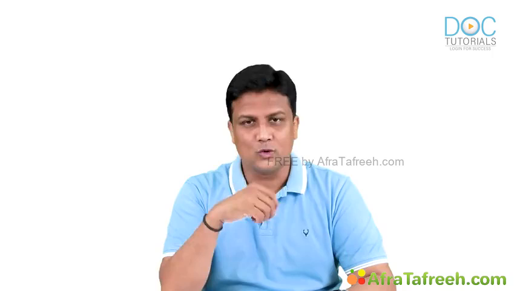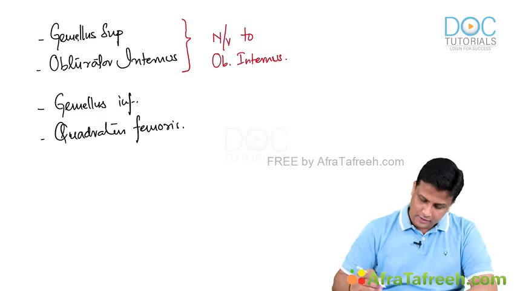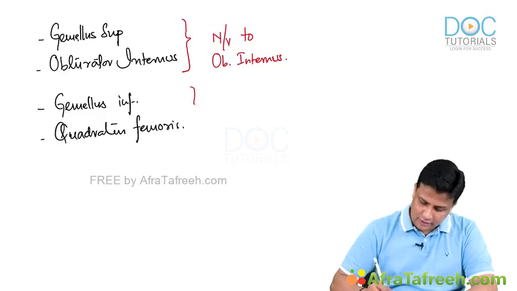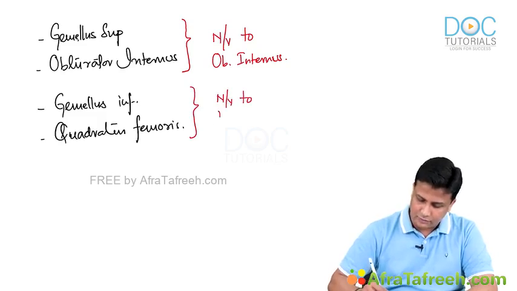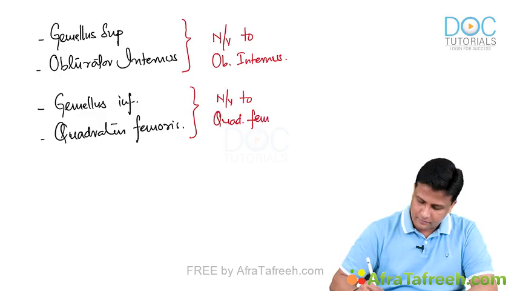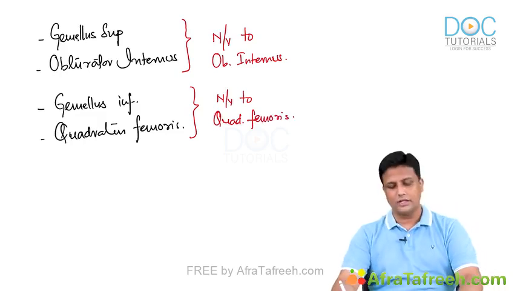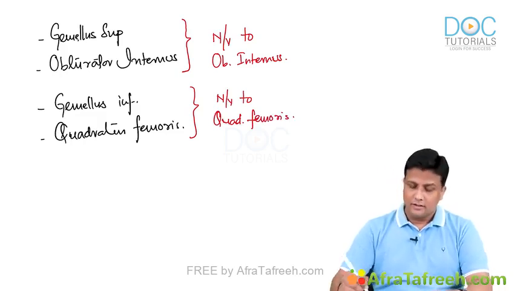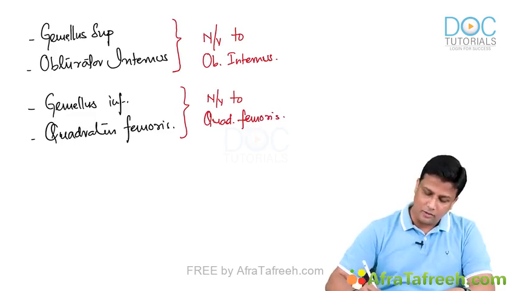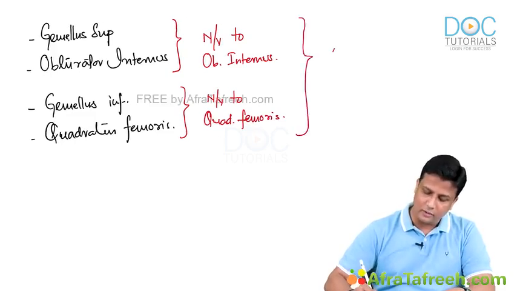So similarly here also, gemellus superior as well as obturator internus will be supplied by the nerve to obturator internus. Gemellus inferior and quadratus femoris will be supplied by the nerve to quadratus femoris only. Wow, the names of the nerves are quite easy there. Now the last and final thing, what will be the action? All these four muscles, remember, are the ones helping in lateral rotation at the hip joint.